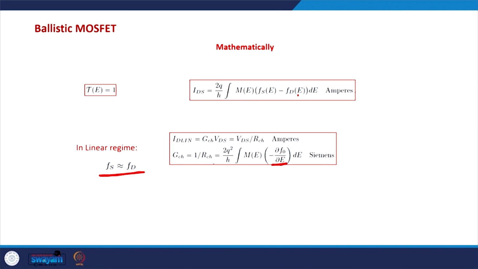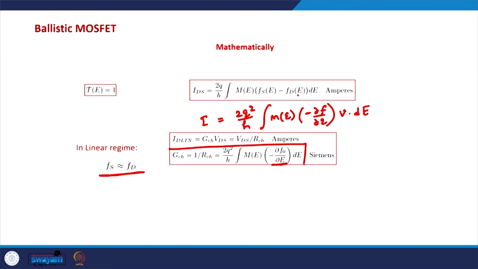So the current in the linear regime becomes (2q²/h) integral of M(E) times minus ∂F/∂E times V dE. From here we can define the conductance of the MOSFET, which is (2q²/h) integral of M(E) times minus ∂F/∂E dE.